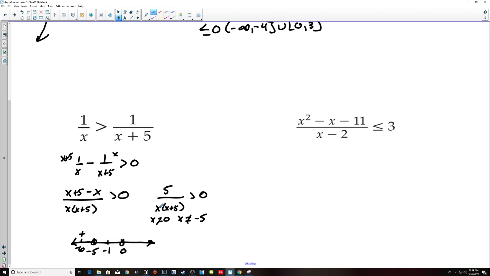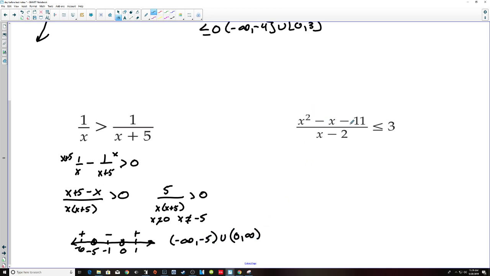How about negative 1? Negative 1 times a positive 4 is a negative. And if we plug 1 in, we get a positive times a positive, that's a positive. Now we want greater than 0, so negative infinity to negative 5, union with 0 to infinity.